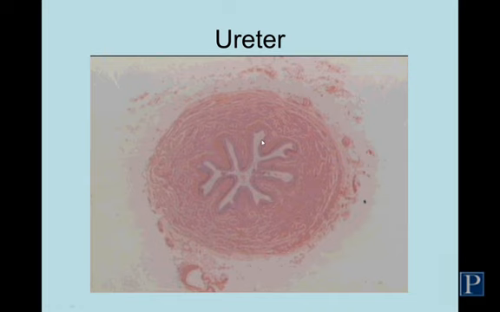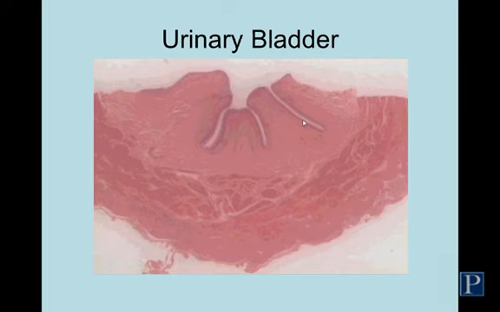You can identify it based on its highly folded mucosa that contains a transitional epithelium. And the lumen is fairly narrow. It has a very thick muscular wall composed of lots of muscle, and then you have an adventitia that surrounds that. So that's all you really need to know for the ureters.